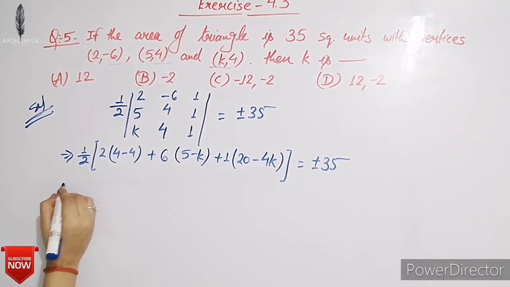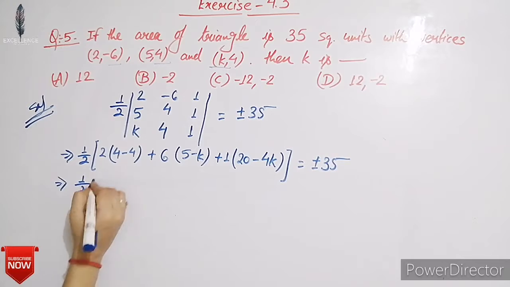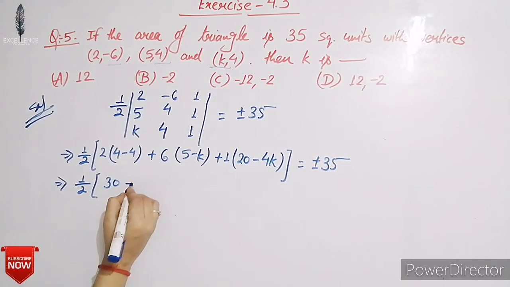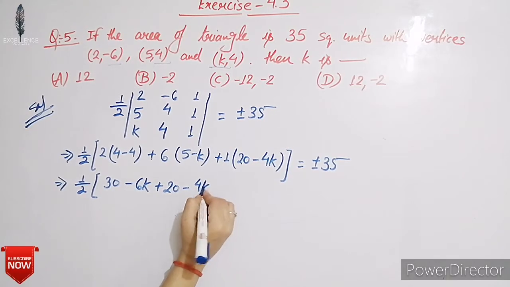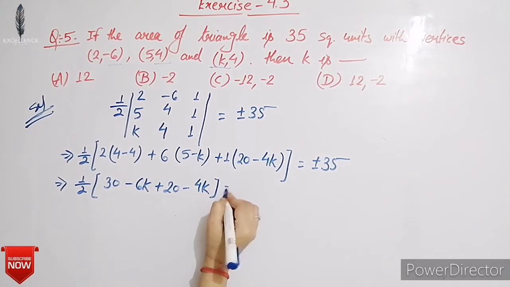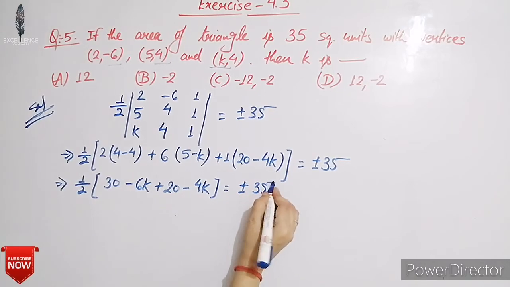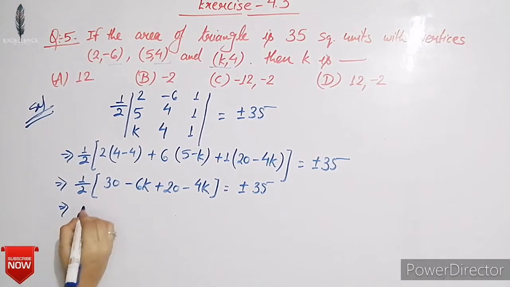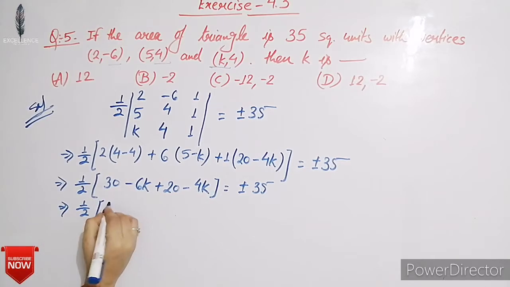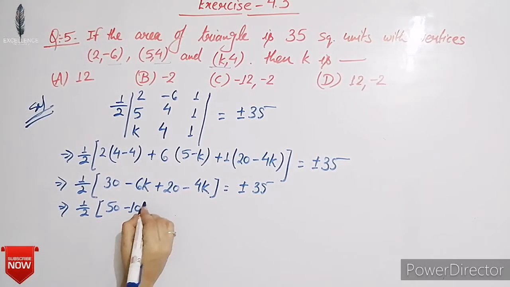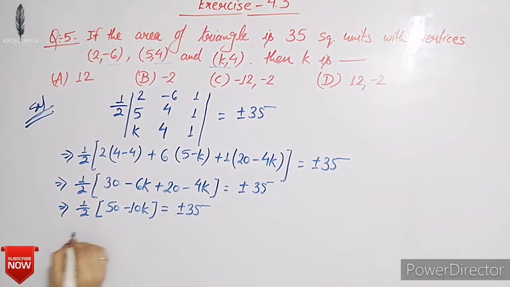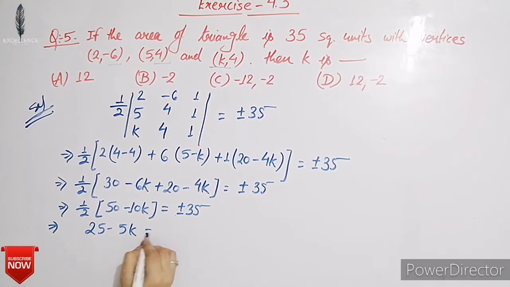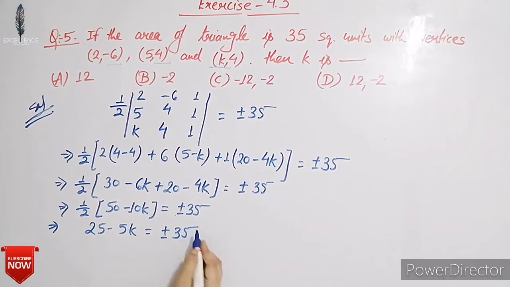On solving, we get 1 by 2 times (30 minus 6k plus 20 minus 4k) equal to plus minus 35. That is 1 by 2 times (50 minus 10k) equal to plus minus 35. Then we get 25 minus 5k equals plus minus 35.